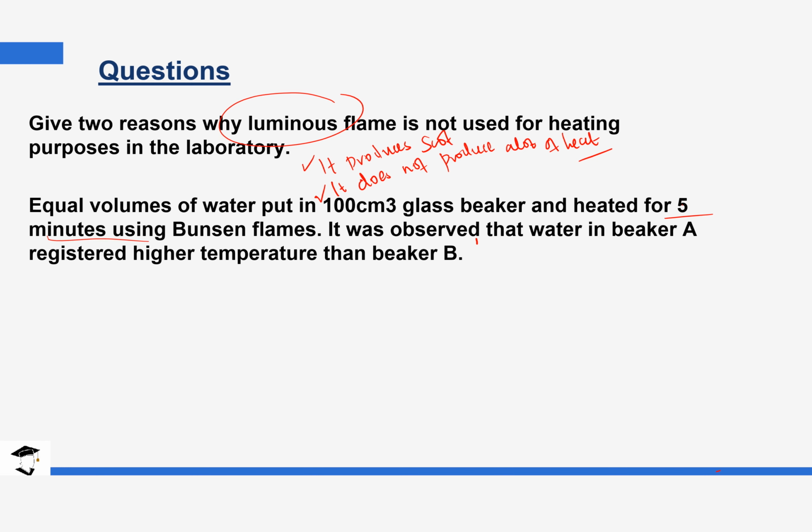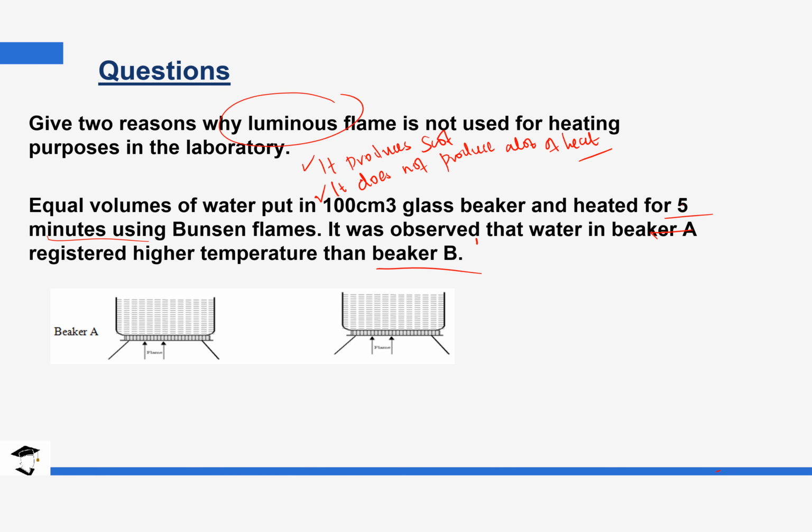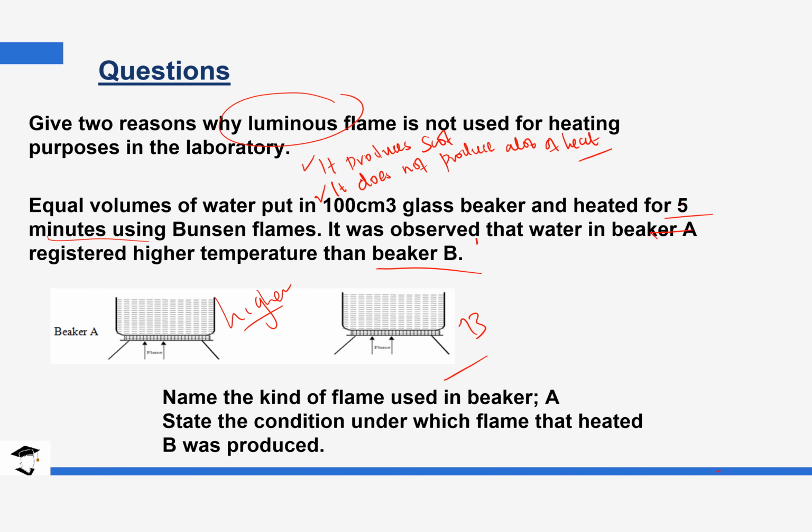It was observed that the water in beaker A registered a higher temperature than beaker B. So this question is: name the kind of flame used in beaker A. The moment we see that beaker A had a higher temperature or boiled faster, it means we were using the non-luminous flame. So we used the non-luminous flame in beaker A, and in beaker B we used the luminous flame.